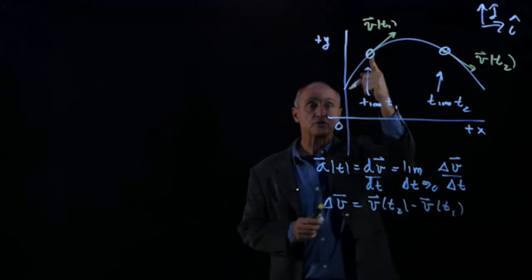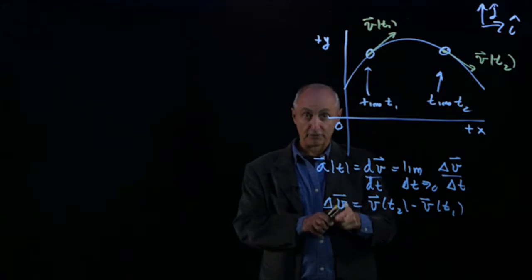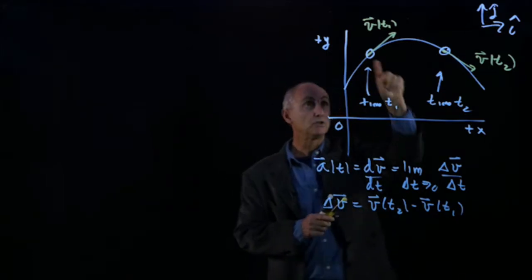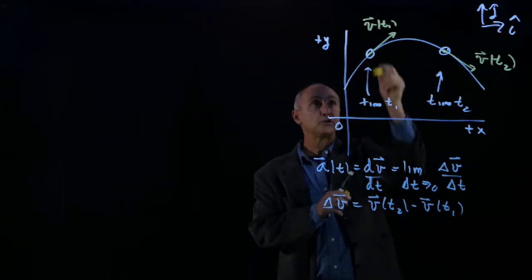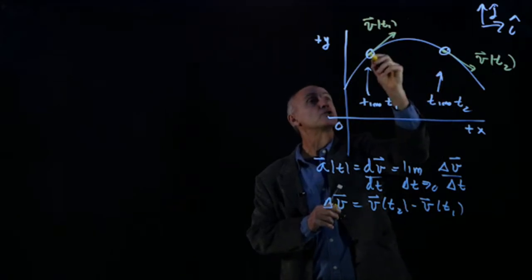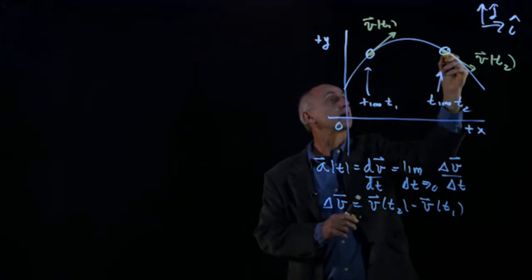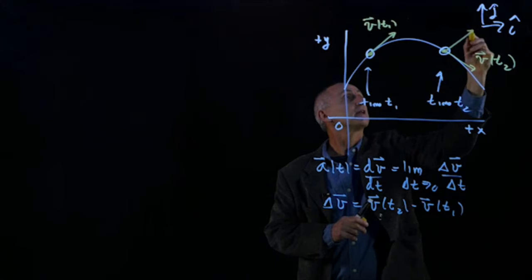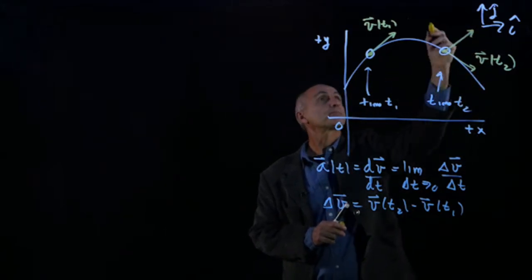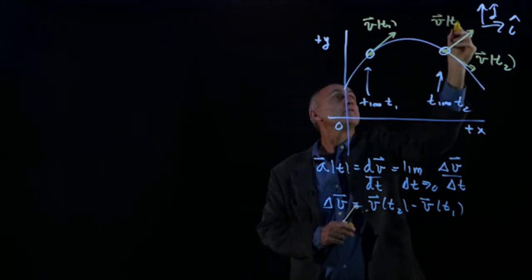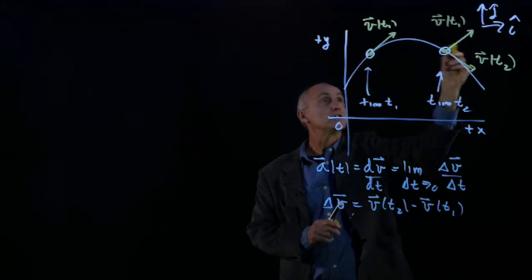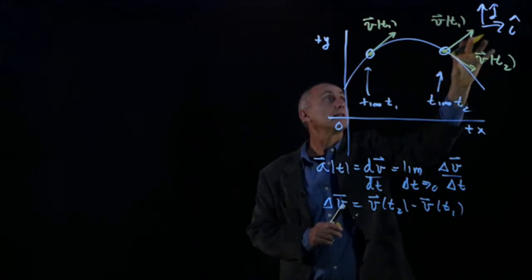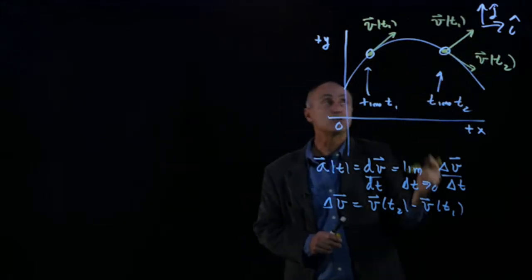And our principle for subtracting two vectors at different locations in space is to draw the vectors where we put the tails at the same location. So here's a tail at this vector. We're just going to translate that vector in space. That is still v at time t1. These vectors are equal. They have the same length, and they have the same direction.